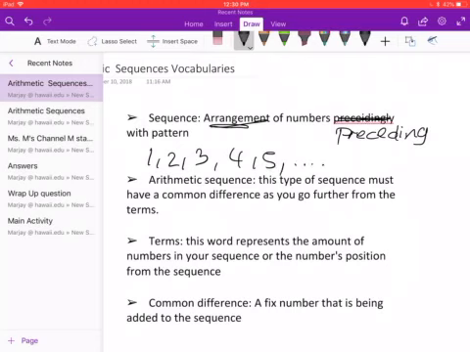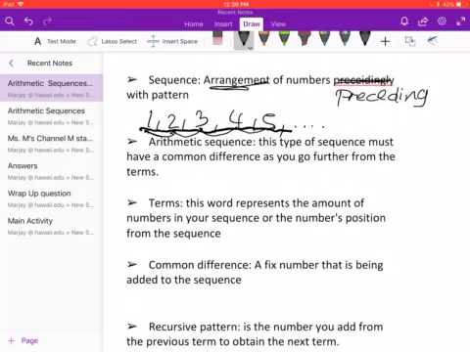So this is considered a sequence because as you move towards the upper number, you are constantly adding 1. Because 1 plus 1 equals 2, 2 plus 1 equals 3, 3 plus 1 equals 4, 4 plus 1 equals 5, and so on.